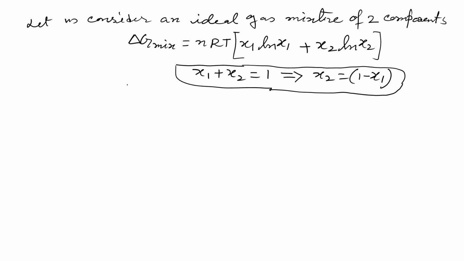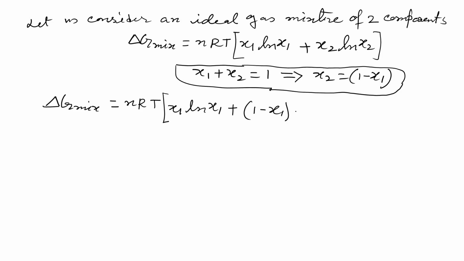Right? So then we can write delta G mixing is equal to nRT, then x1 ln x1, right, plus 1 minus x1 ln 1 minus x1.